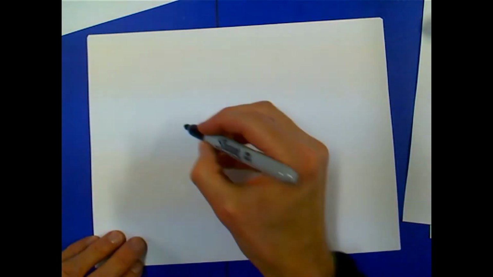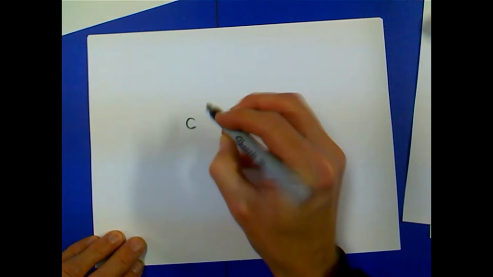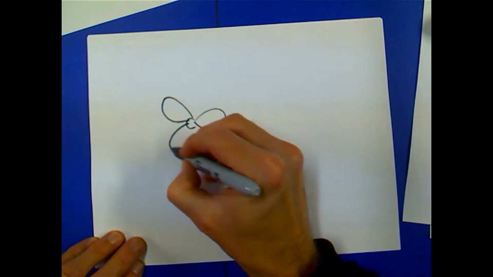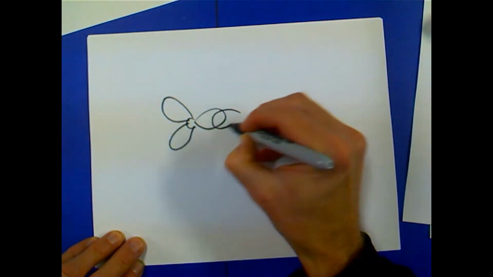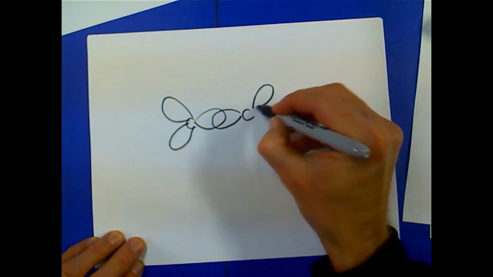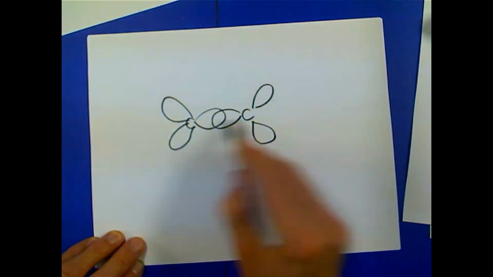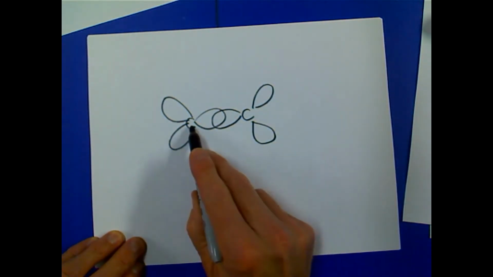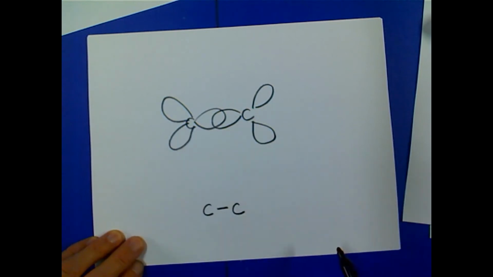So to recap, in ethene, we've got our carbon atoms, each of which have 3 sp2 hybrids. 2 of these sp2 hybrids overlap between the 2 carbon atoms, forming the first bond between this carbon atom and this carbon atom.